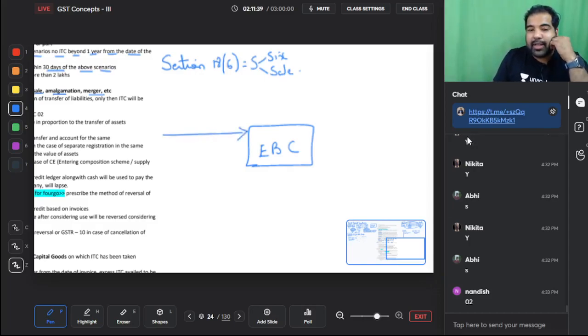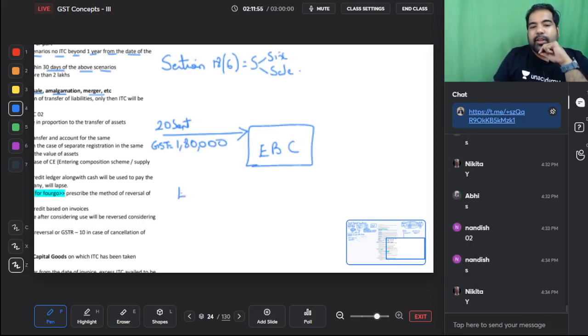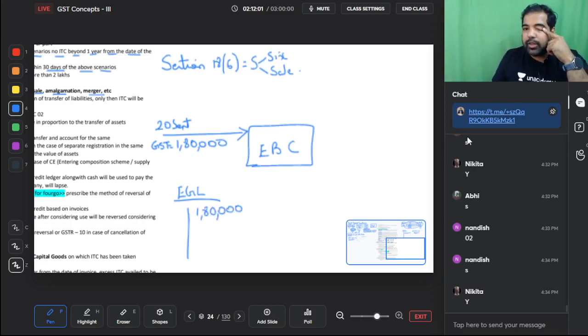Let's say they bought it last year on 20th September, on which they got GST of 1,80,000. Can I take a credit of this 1,80,000 immediately? Yes. For the month of September, they took it in the credit ledger. They took 1,80,000, and the government allows you to take a credit immediately with the promise that you are going to use this truck for 60 months.